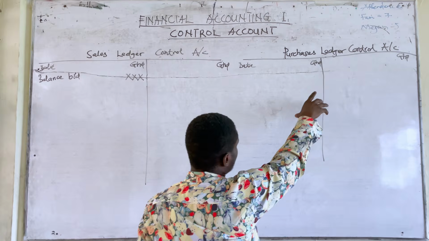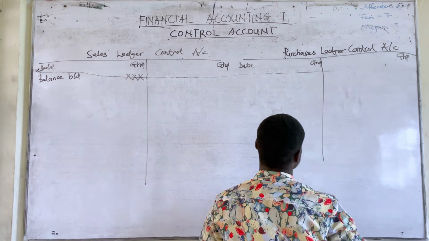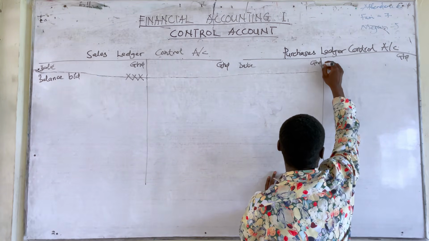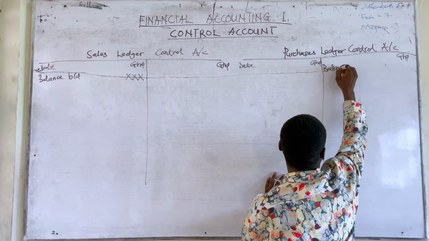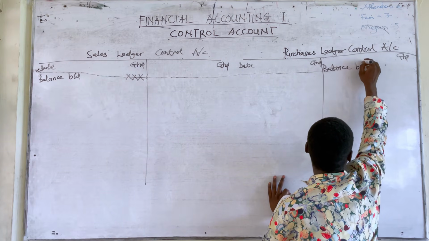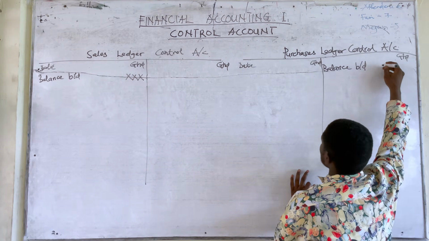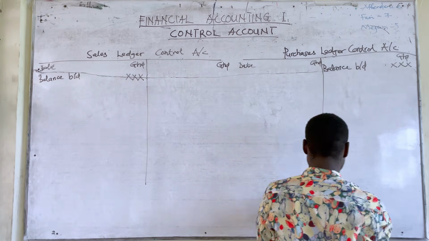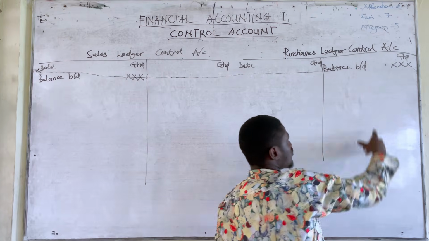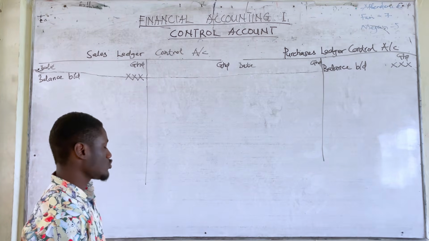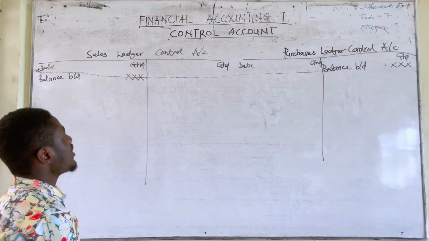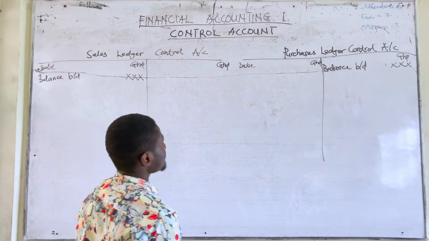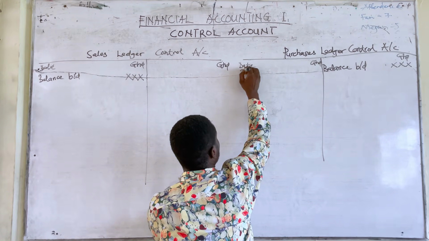So we have our purchases ledger control account here. But we know that it will have an opening balance at the credit side. Good. So in order for you not to forget, let's show the other balances.